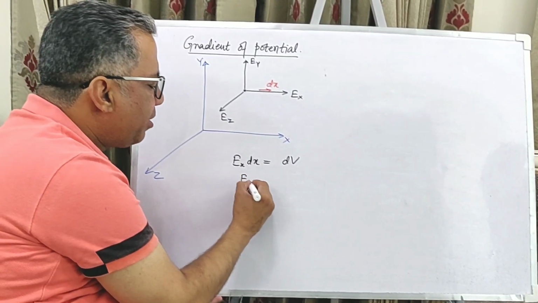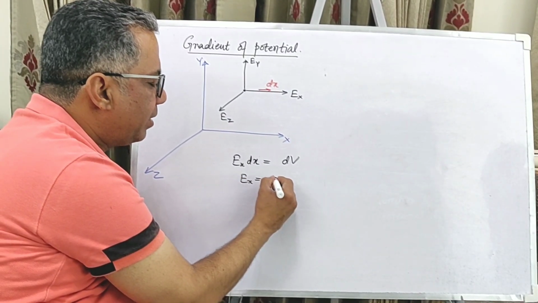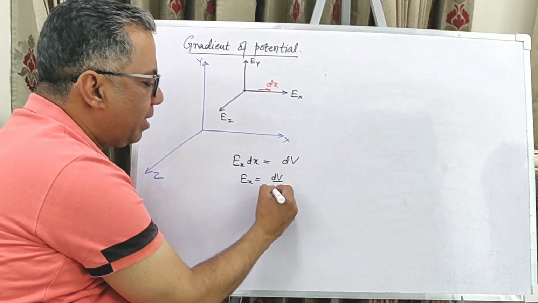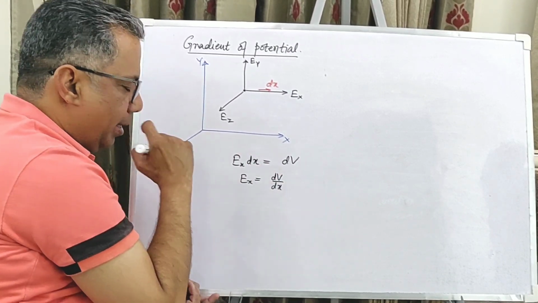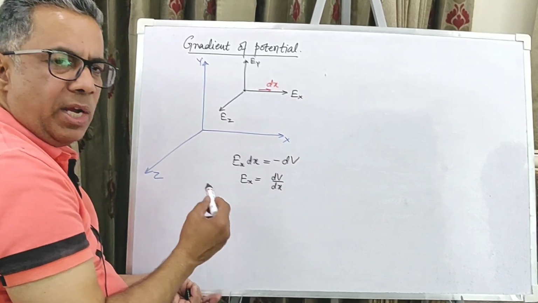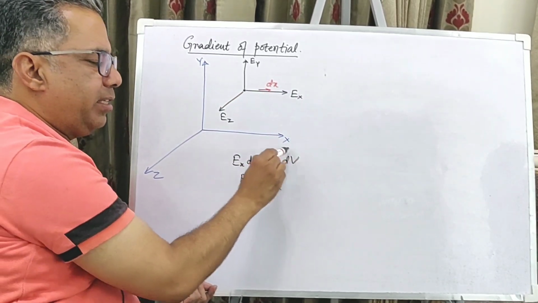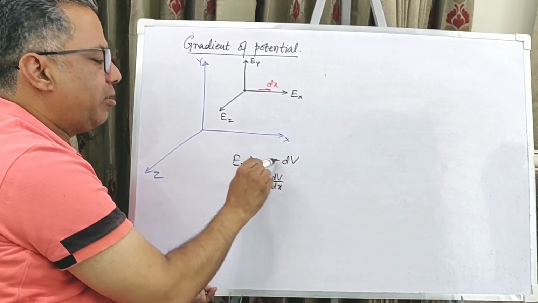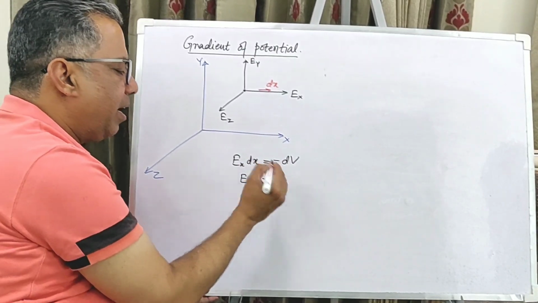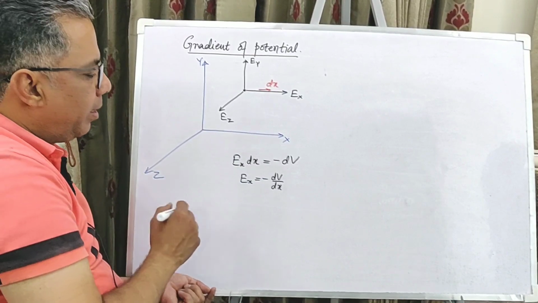So the x component of the electric field is dV by dx, or actually there will be a negative sign as well, because as you move in the direction of the field potential decreases, there's a negative change in potential, so we have a negative sign, and we have a negative sign here as well.